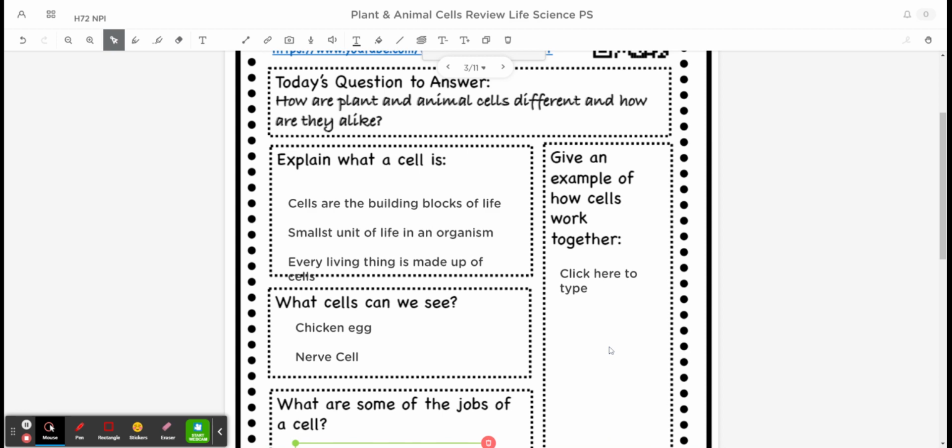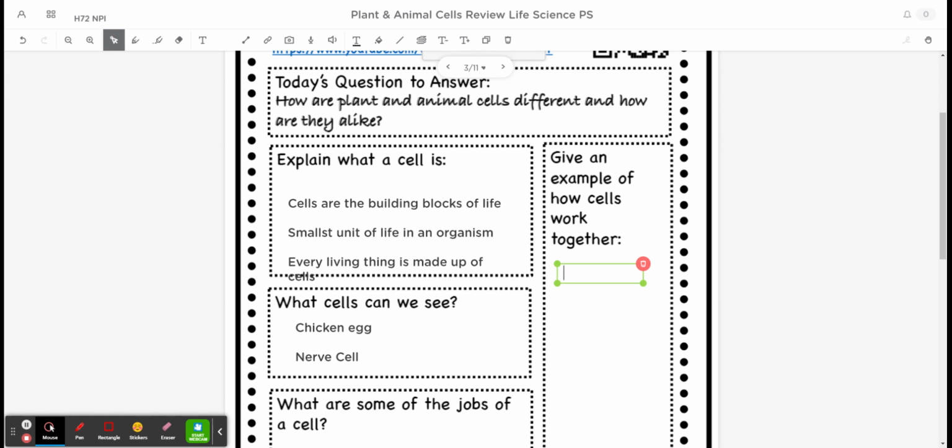Okay, so the next part of this says, give an example of how cells work together. A couple of examples could be that different cells work together to make up the human heart and to pump blood through the body. That would be a really good example, so that's the one that I'll use. You can use this one as well, or you can use another one.